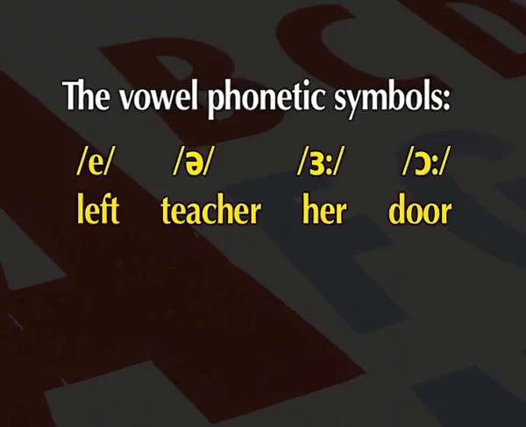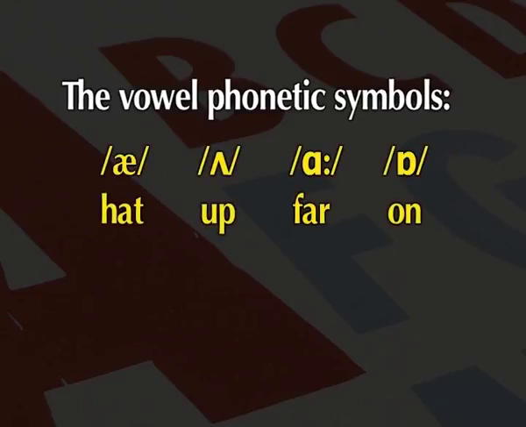The vowels e, a, o are pronounced as in left, teacher, her, and do. The vowels a, u, o are pronounced as in hat, up, far, and on.